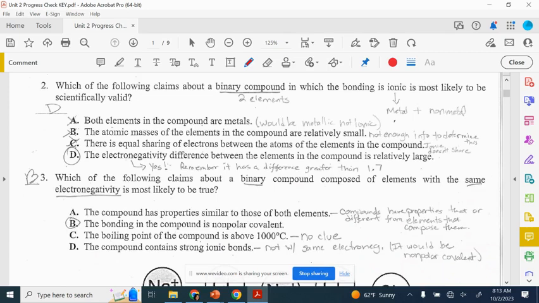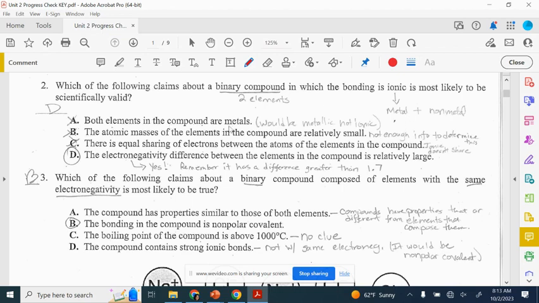It's typically going to be 2 different ones, because technically a diatomic molecule is not a compound. Okay, I get that. But when you see ionic here, that's automatically metal and nonmetal.